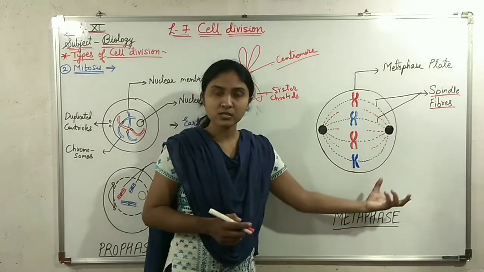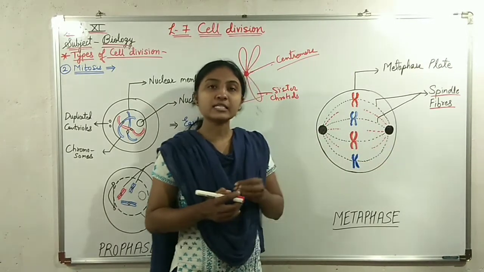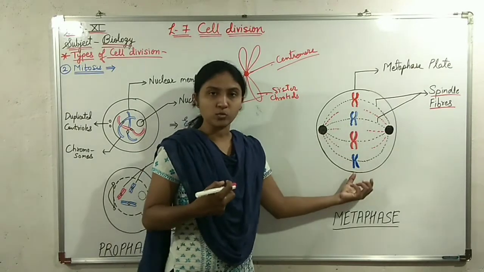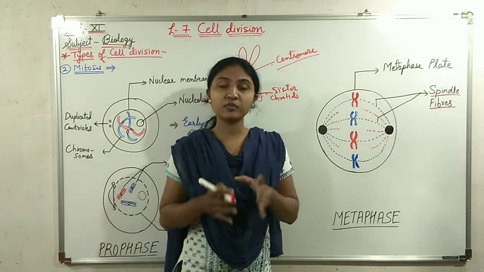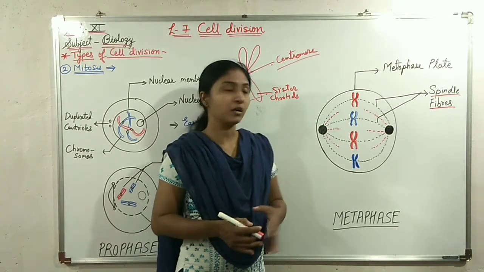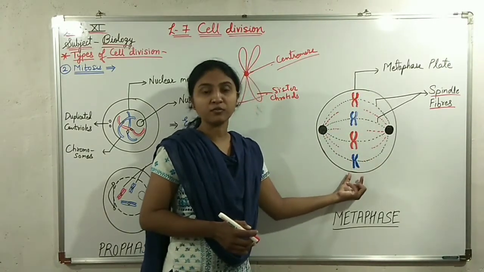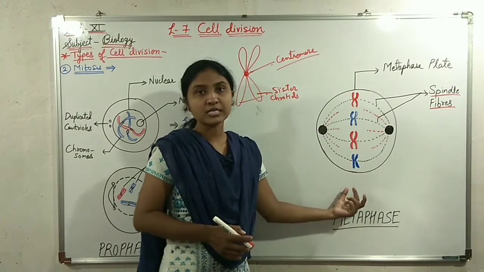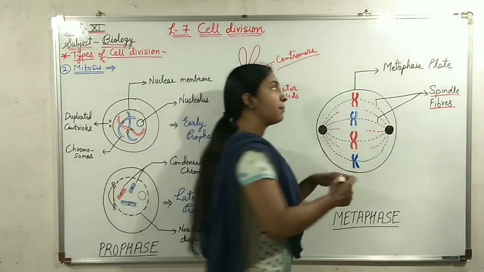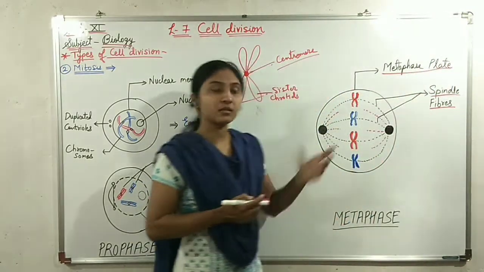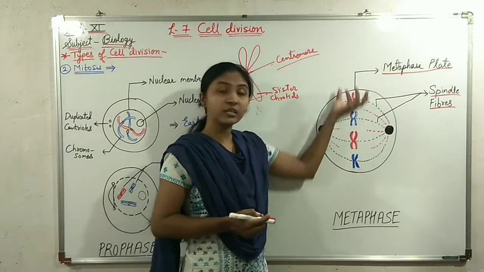Now what happens further is that these spindle fibers start to pull and push the condensed chromosomes, and because of this pushing and pulling action, the chromosomes are brought to the middle of the cell, in the equatorial plane.